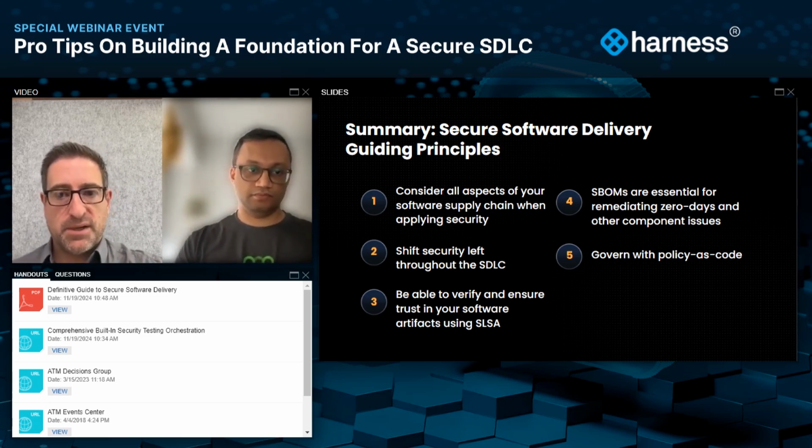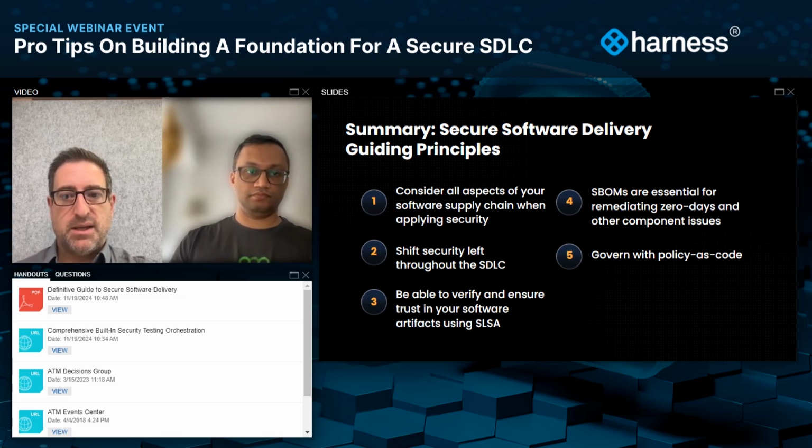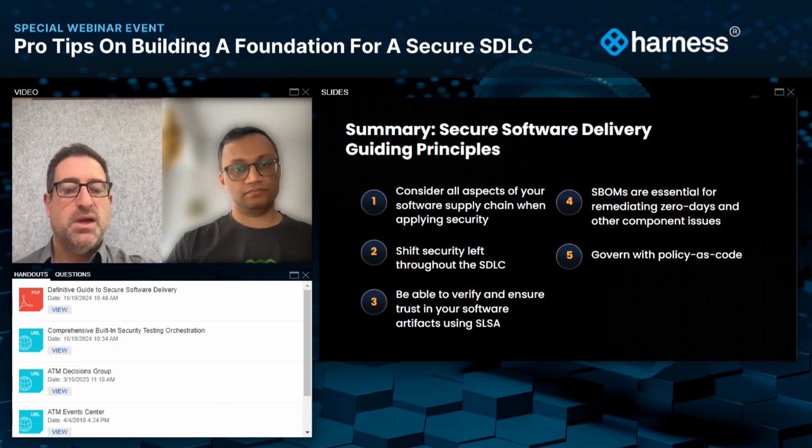The fourth item here, and we talked a lot about this, and we showed it in our demo, is having a software bill of materials for all of your software artifacts, really key, essential to being in a position to remediate zero-day vulnerabilities and other issues. And very closely related to that, item number 5 is to use a policy as code approach to governing pipelines.